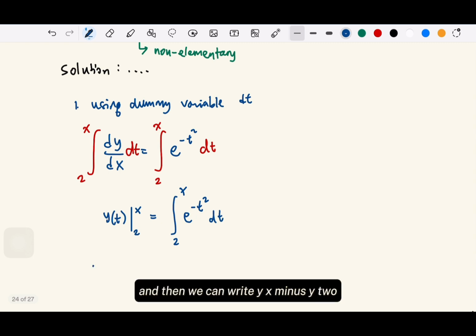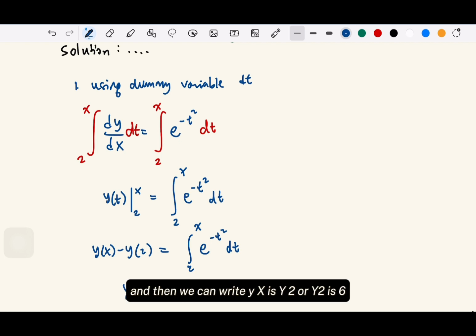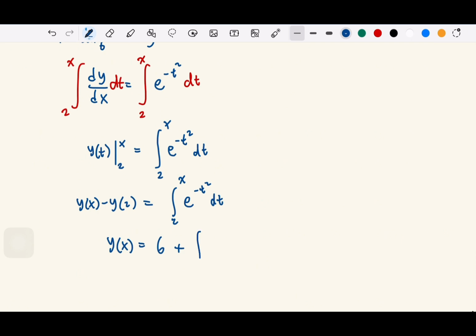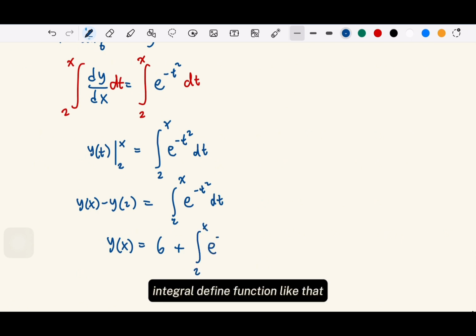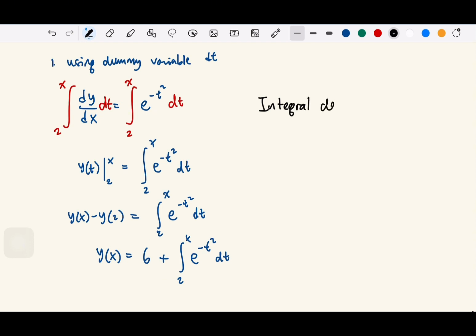And then we can write y of x minus y of 2, and y of 2 is 6, so we can write 6 plus the integral defined function like that. So this is what we call an integral defined function.